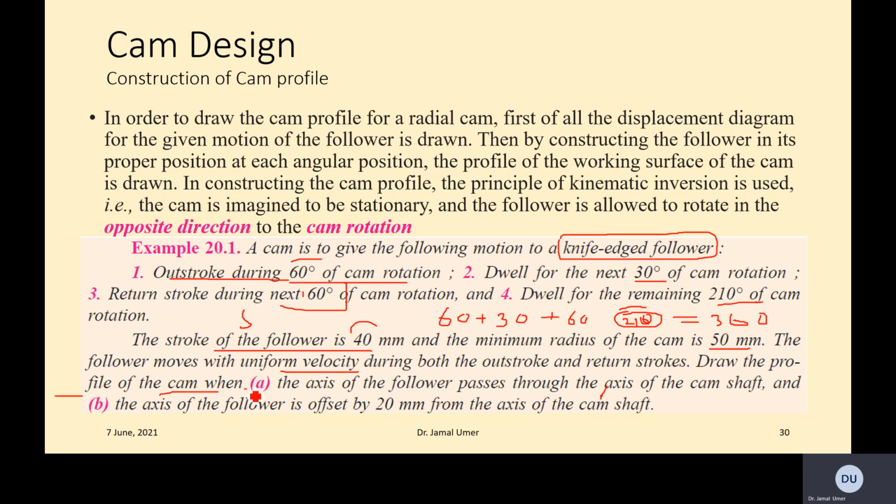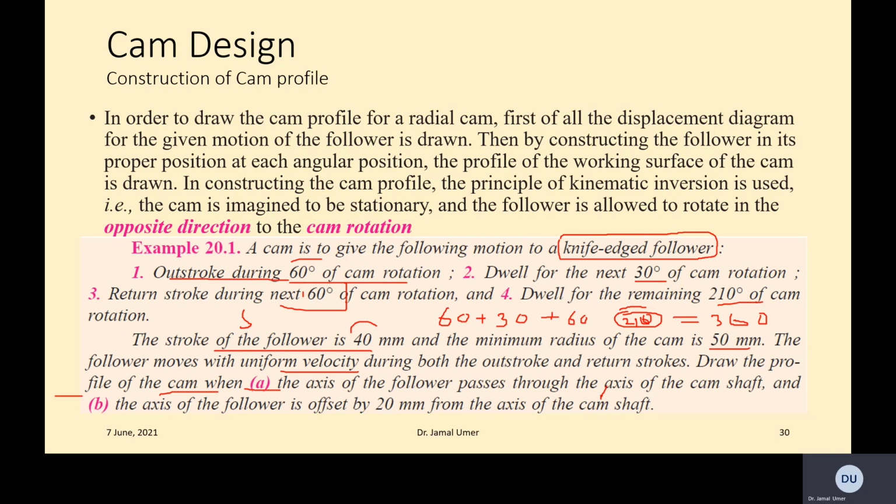So these are the conditions. Part A: the axis of the follower passes through the axis of the camshaft, and part B: the axis of the follower is offset by 20 millimeter from the axis of the camshaft. We will do the first one, and then it will be easy to understand B.